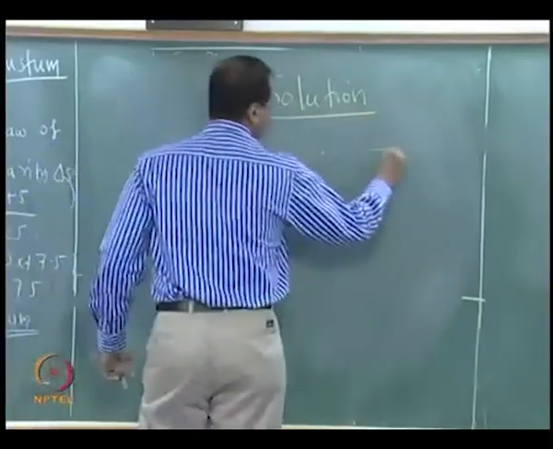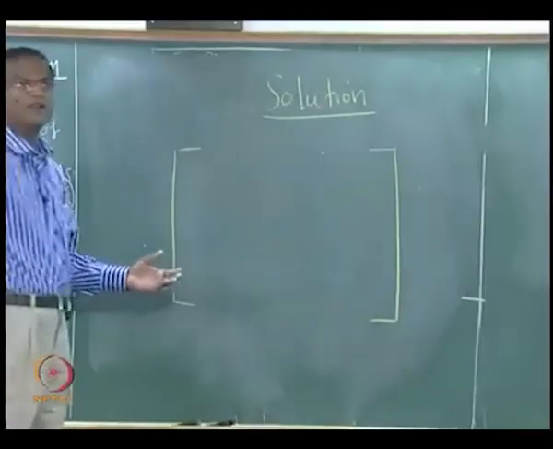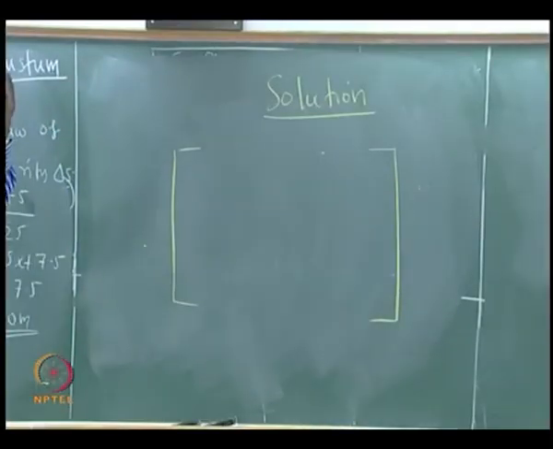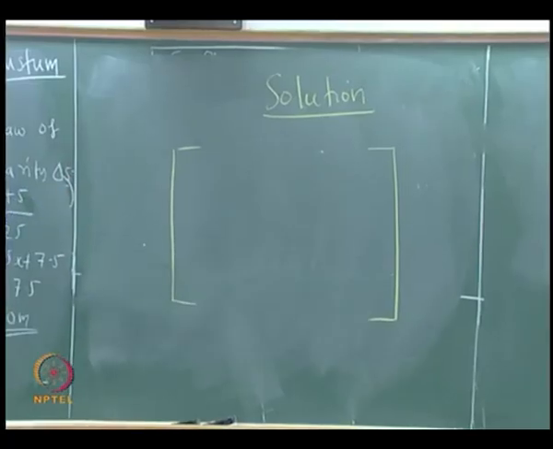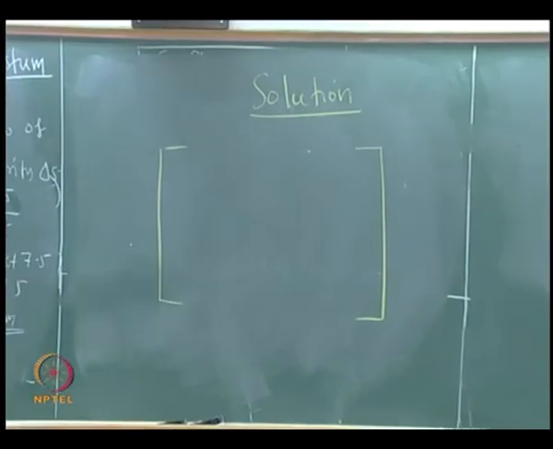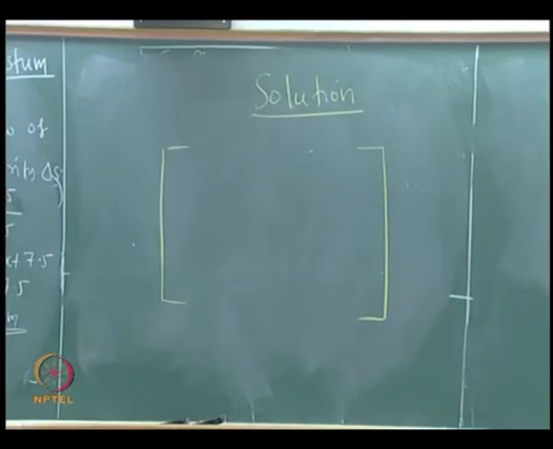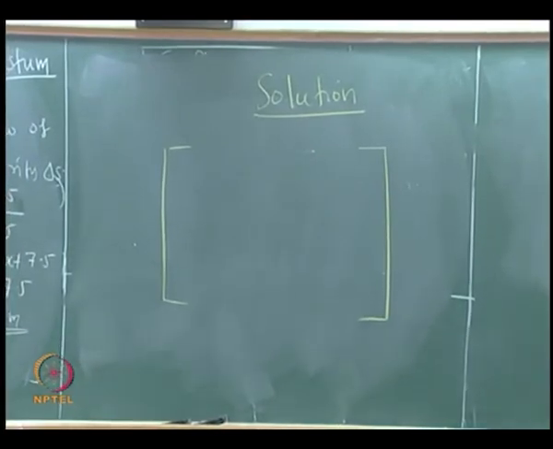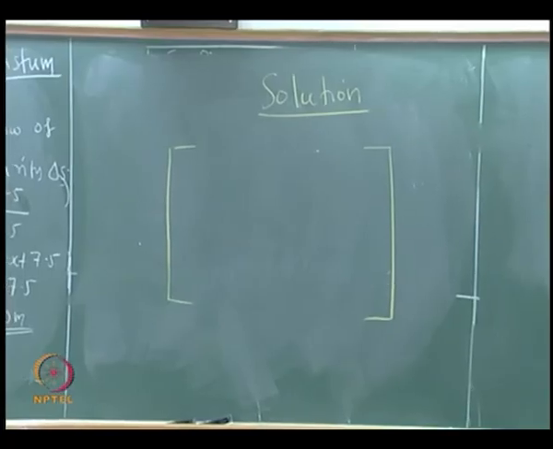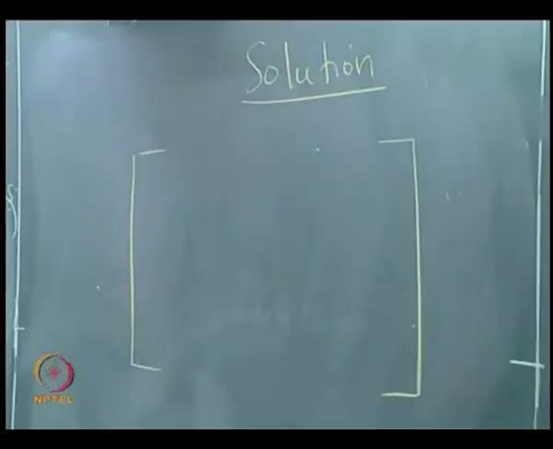So finally you have to put the solution like this, which can be entered into a computer program if you are doing the enclosure analysis, okay. Because it is 3 by 3 you are able to do it by hand, if it is 10 by 10, 20 by 20 you will write a program to determine the view factors and store it once and for all. Then when the temperatures are dynamically updated, this will not change because it is a function only of the geometry. However, if you have a problem in which the surface is also changing, the dimensions are changing, which can happen if you have an ablating surface.